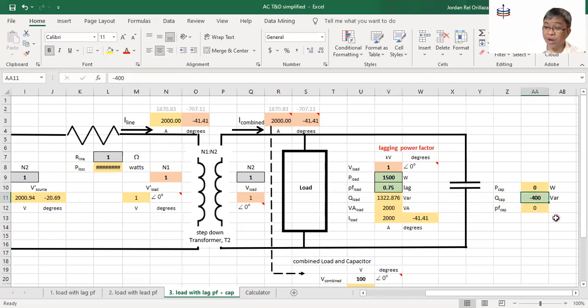If there is no reactive power provided here, then that will be the current drawn by the load there. But as soon as we provide reactive power here, I'll use a negative value, that's the convention, I will try to meet some of this requirement. Suppose 1,300 VAR is provided by the capacitor there to the load.